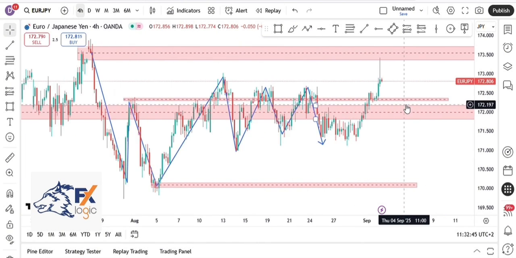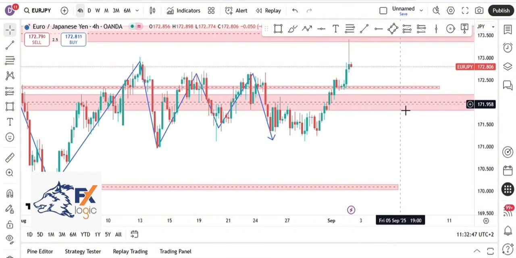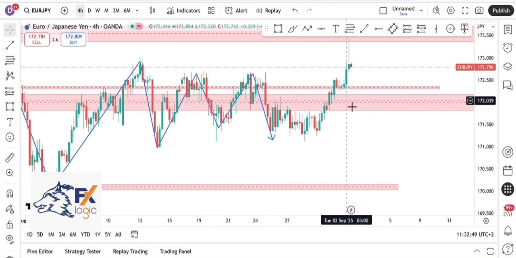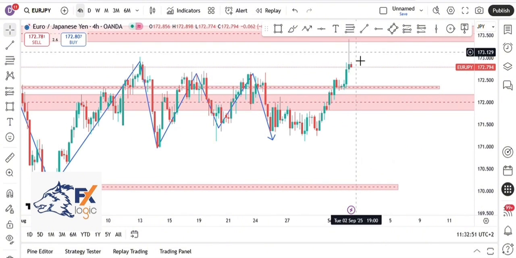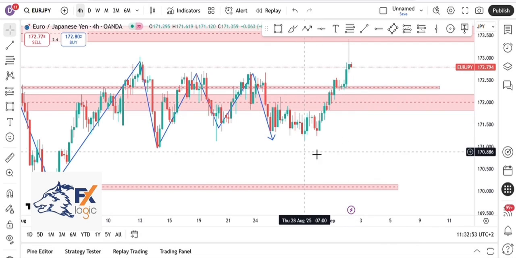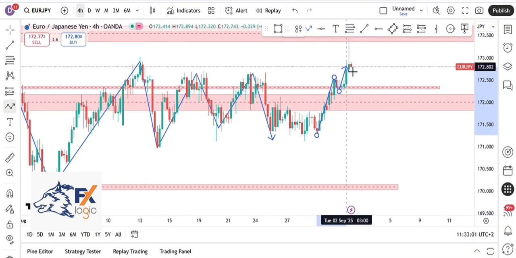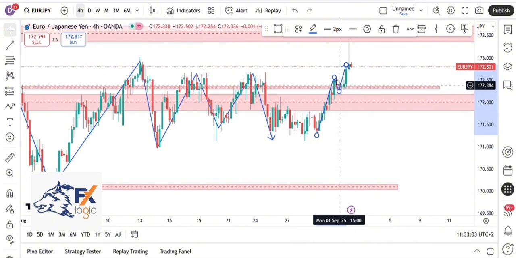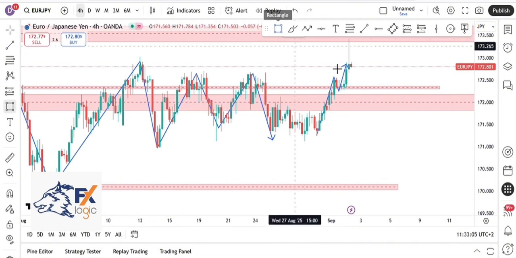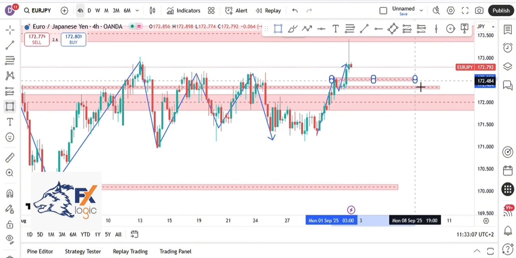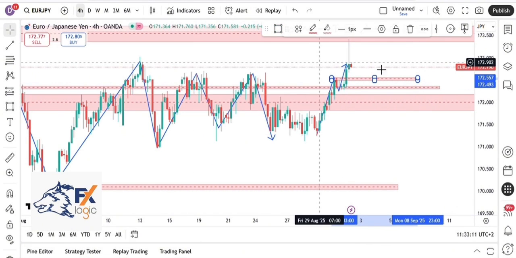So if I want to do anything right here now, I'm going to read the structure from this point. So at this point, I could see something like this. High, higher low, higher high. So I'm going to be focusing on this point. So this is going to be my area of focus, right?